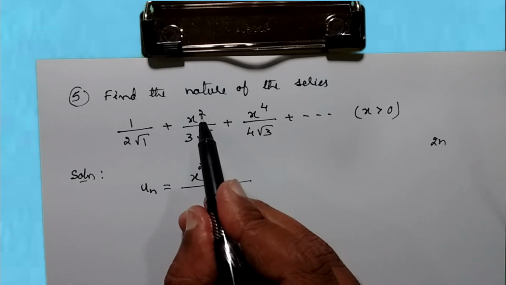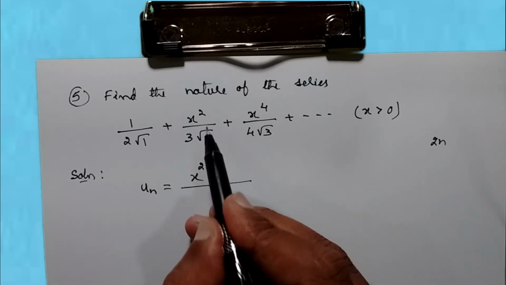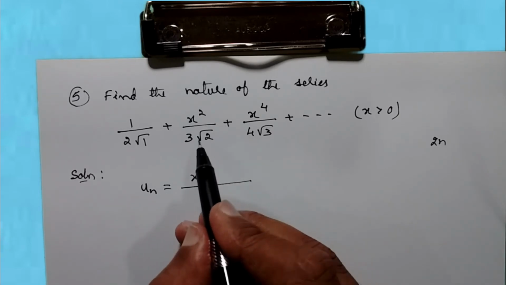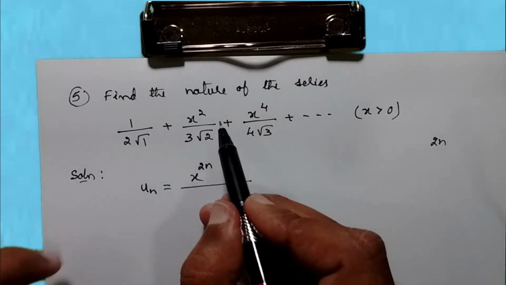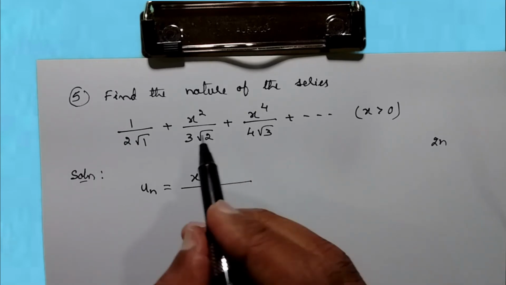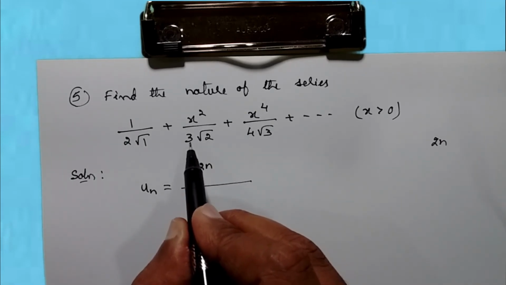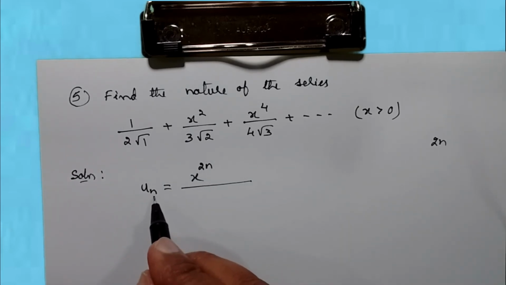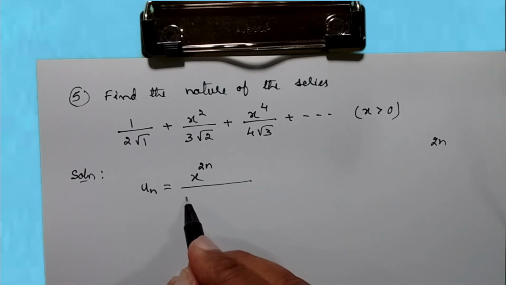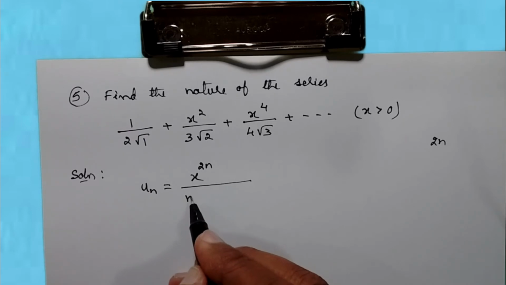If you try to see, this 2 and this 2 are the same. Alright. So in the denominator, we have to start with 3 onwards. How to start with 3 onwards? Because the series will start with n equal to 1. So n is 1.